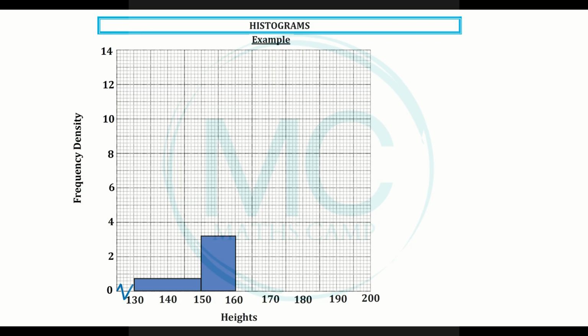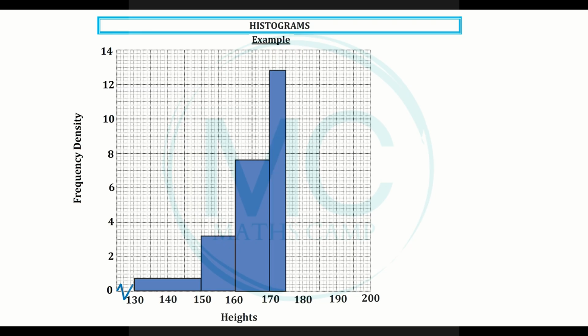So this bar is going to be high up there. Then 170 to 175 has a frequency density of 12.8. So not only is this bar going to be narrow, it's going to be high as well. And finally, 175 to 195 centimeters has a frequency density of 0.6. And I can draw this bar in like that. And I've now completed my histogram. Now I can move on to part B.